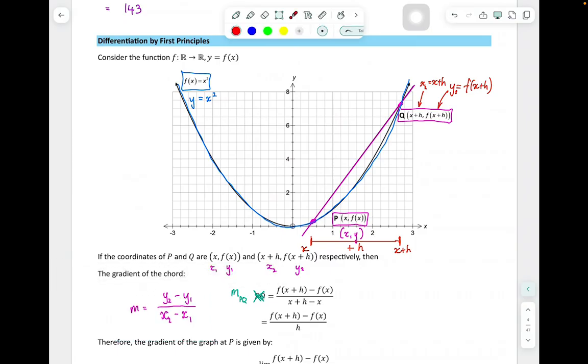So let's do a side-by-side comparison here. y2 is our f of x plus h. y1 is our f of x, which we substituted in. x2 is our x plus h, which we substituted down below. And x1 is our original x.